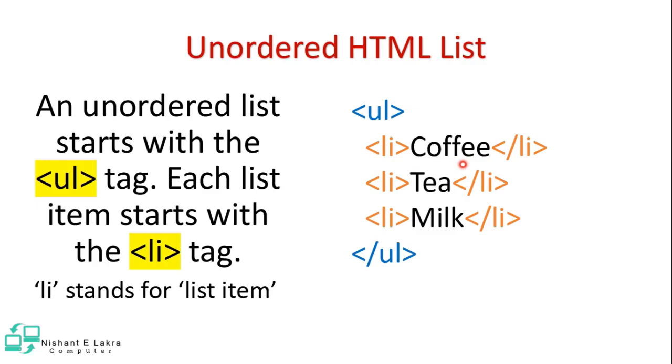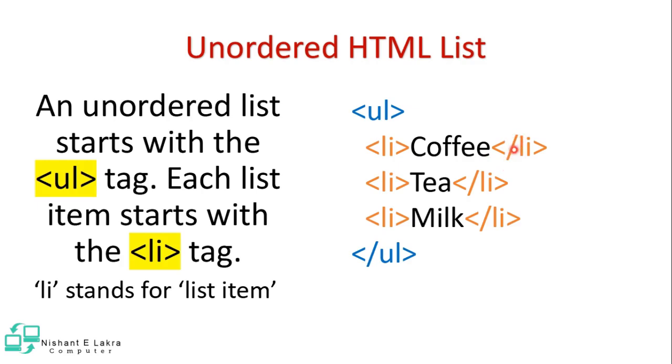The first word that we want to be displayed on the web page is coffee. How do we put this word coffee? We put it between the li tag. First you type li in the angular bracket, then you type the name of the list item. Then after you have typed coffee, you have to close this list tag. To close it, we use a slash.